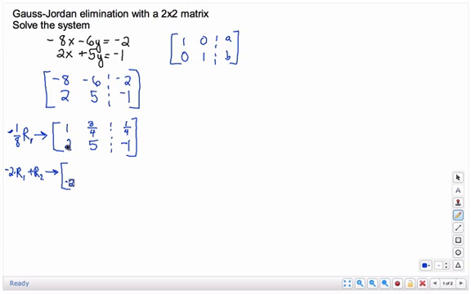And then we're going to add it to this value here, 2. So that's how we're going to get this new entry here. Now we're going to take a negative 2 times 3/4, and then we have to add it to this row 2 value here. So a negative 2 times 3/4 is going to give us a negative 6/4 plus 5.